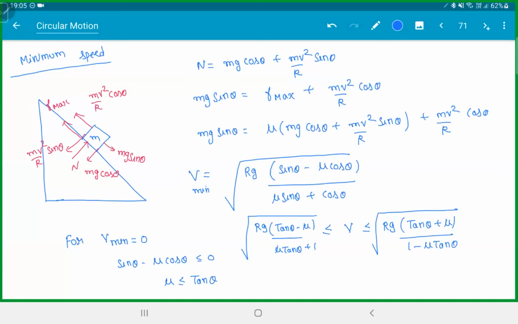Right, Yash, Anusha, both of you got it. Have a look at this. Clear?